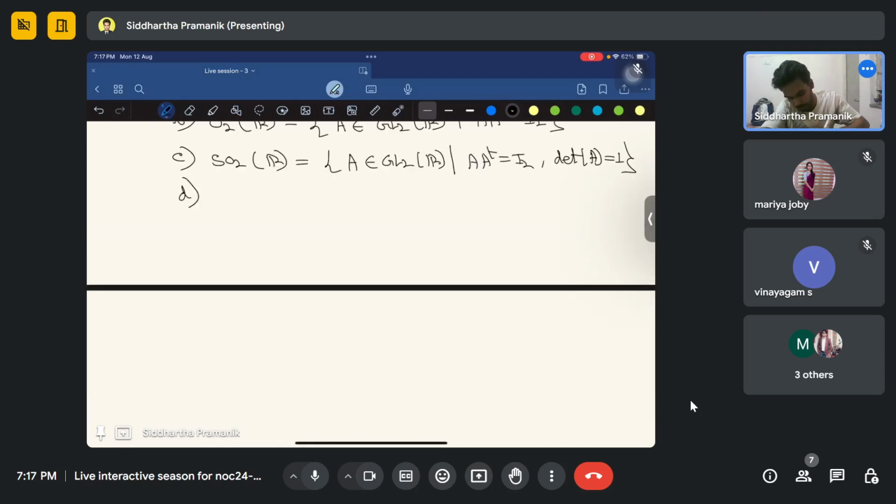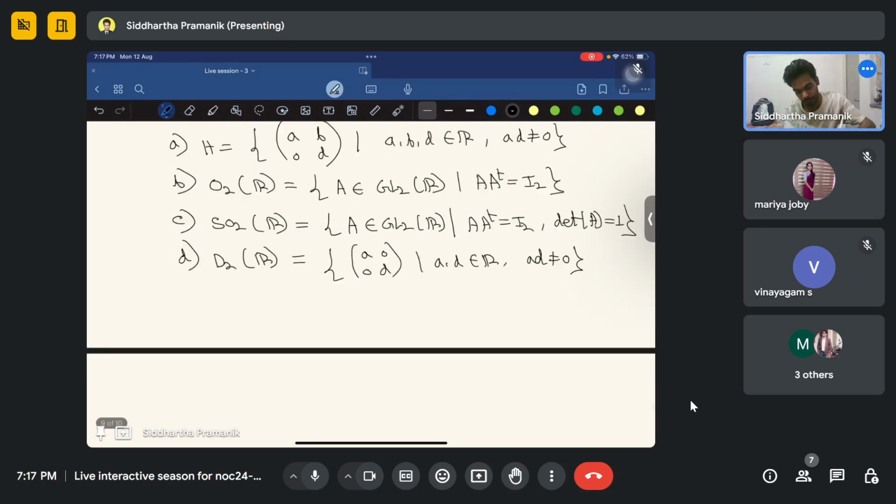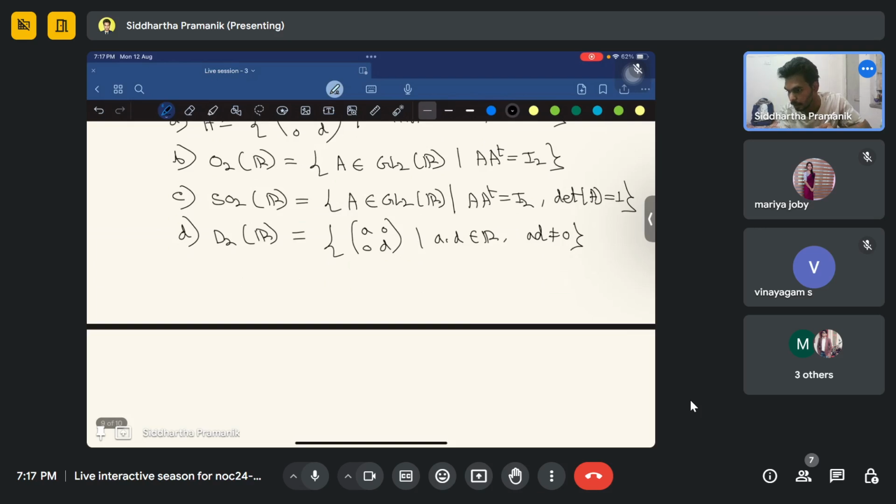Fourth one is D2 of R, meaning the set of all invertible diagonal matrices of order 2 over R. And the last one is, let's say H equals A 0, 0 D. Okay, let's not write in this way.